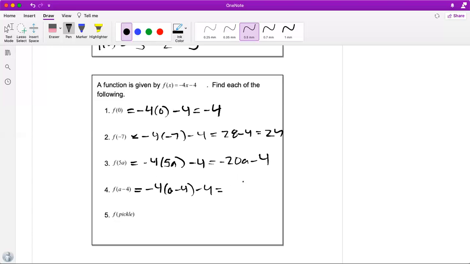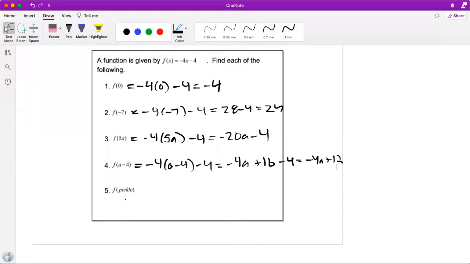Negative 4 times a, I'm going to use the distributive rule, which we're all familiar with. Negative 4 times negative 4 is positive 16. And then minus 4 at the end gives me negative 4a plus 12.